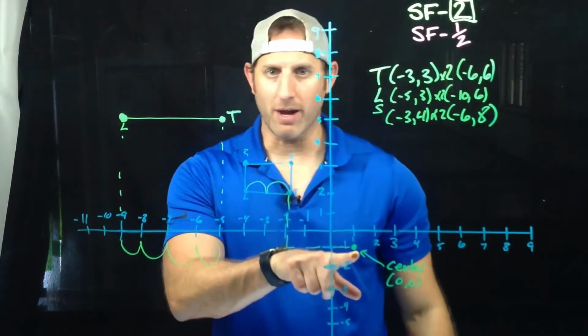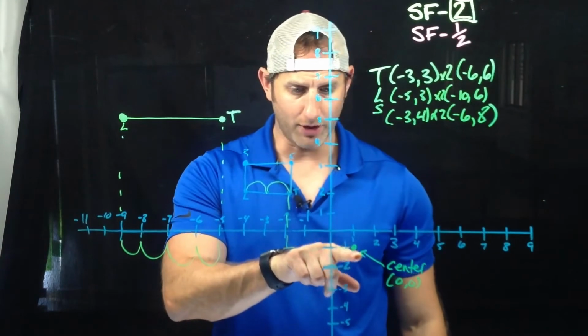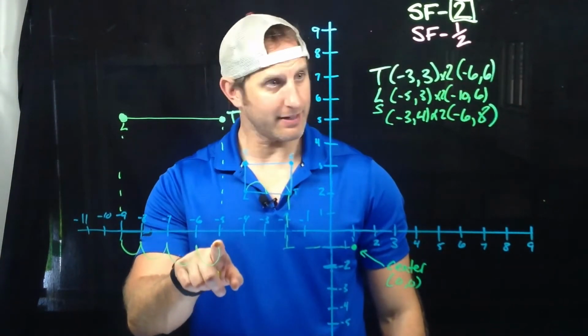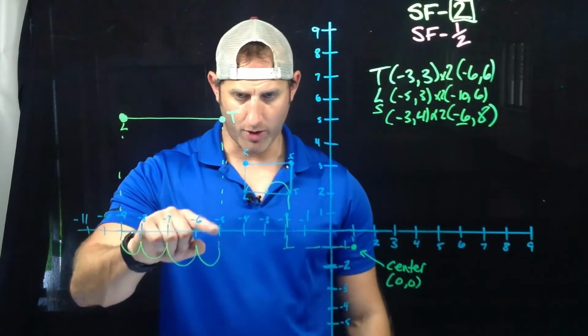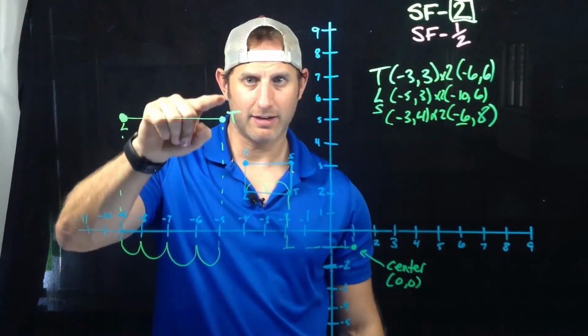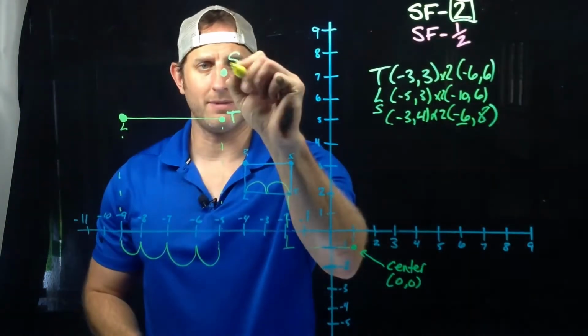So I'm going to start here at my point of origin, and I'm dilating S. I'm going to go over 1, over 2, 3, 4, 5, 6, negative 6, and I'm going up 8. 1, 2, 3, 4, 5, 6, 7, 8. And that now becomes S.